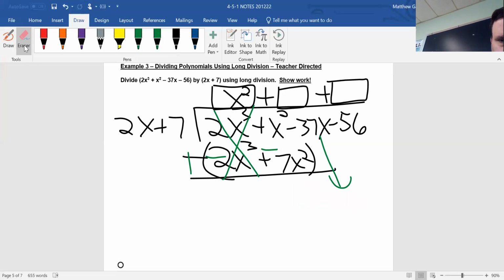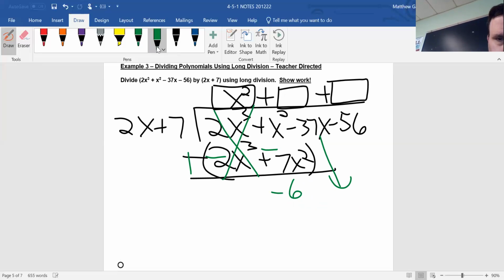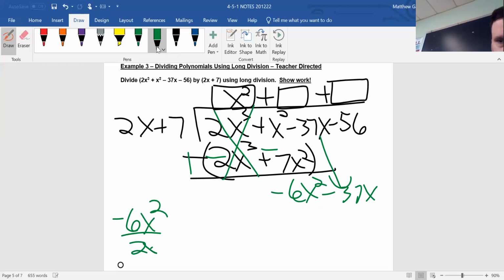Everything else looks okay. That should be negative 6x squared minus 30x. And now negative 6x squared divided by 2x is negative 3x. That goes up here. So plus negative 3x, guys, is the same as minus 3x.